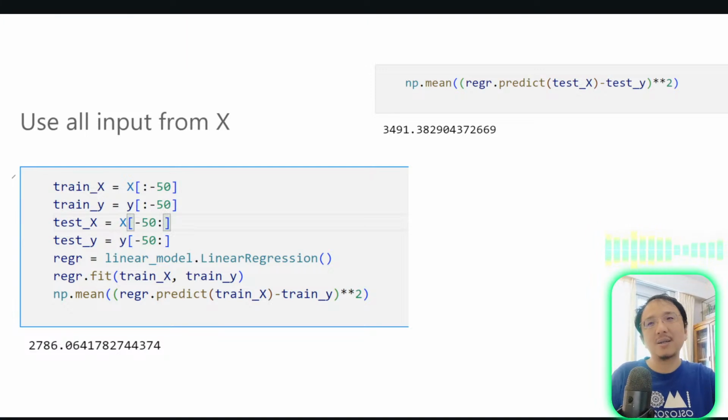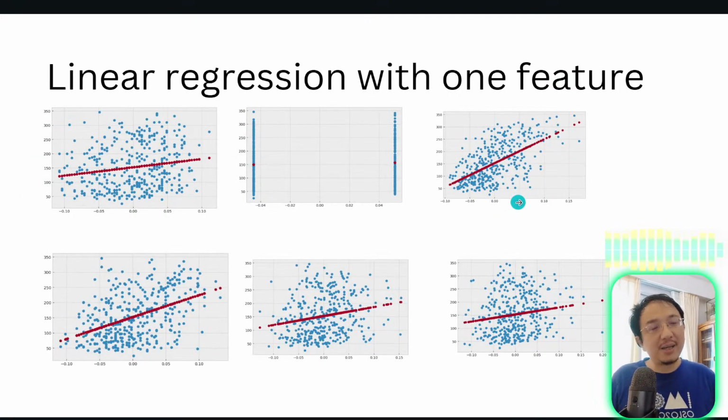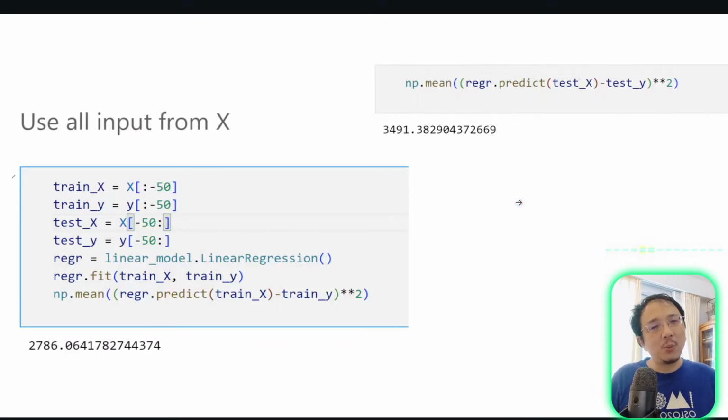The other is that the other features do not help much. That is also possible. But if it is much better than this guy, then we are probably doing something right.